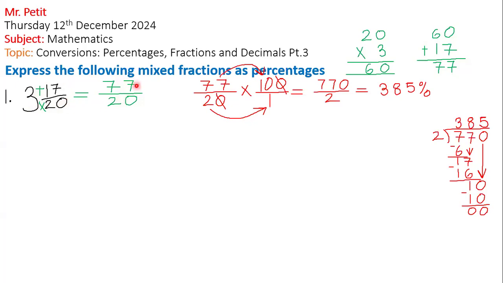Then we take 77 over 20 and we multiply it by 100. So we cancel the zeros and we say 77 times 10, which gives us 770. We say 2 times 1, which is 2. And so then we divide. 770 divided by 2 gives us 385. And so 3 and 17 over 20 as a percentage is 385%.